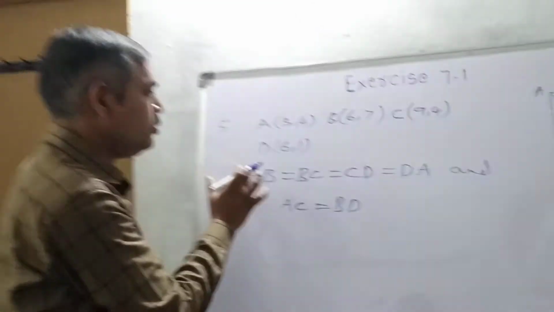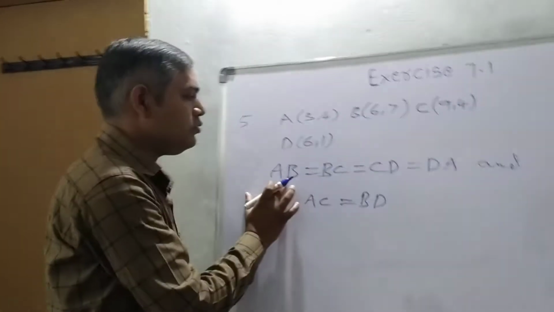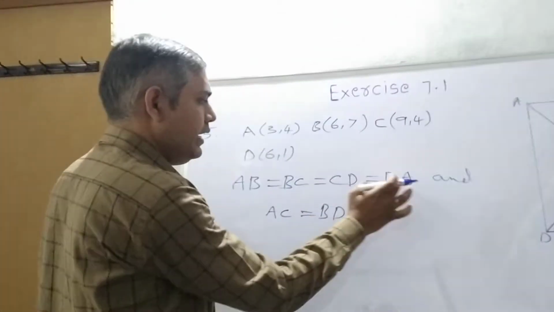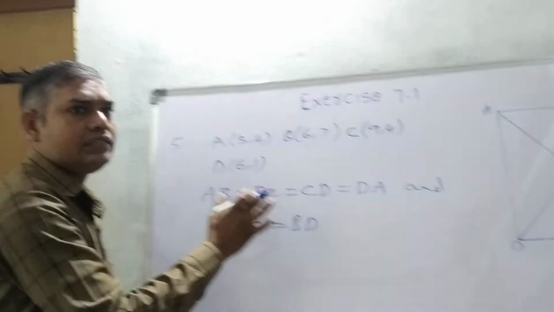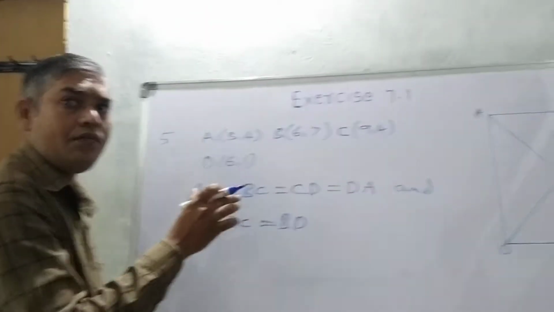Now, first we have to find the values of AB, BC, CD, DA, AC and BD. All the distances should be measured with the help of the distance formula.